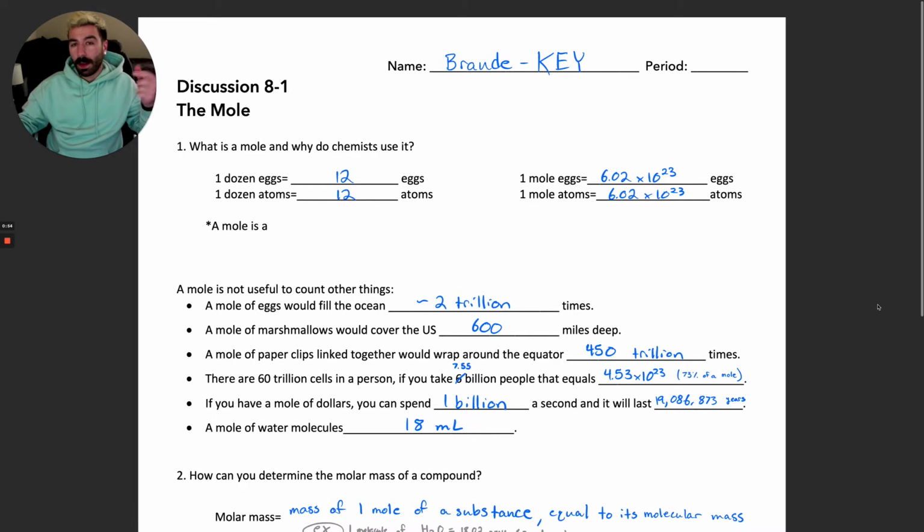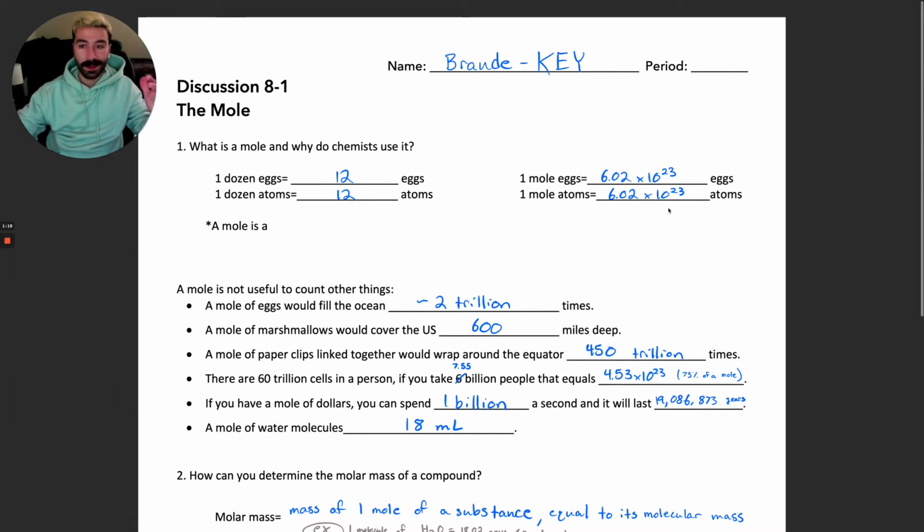Now, a pair also would be 2. Right? So a pair or a couple means 2. A dozen means 12. Well, a mole of eggs is 6.02 times 10 to the 23rd eggs, or a mole of atoms is 6.02 times 10 to the 23rd atoms.